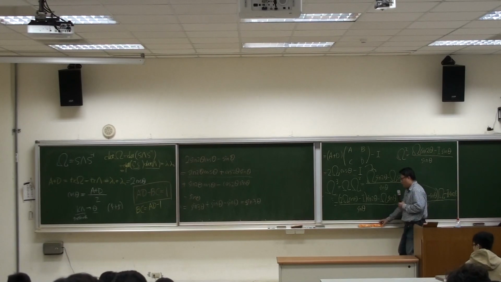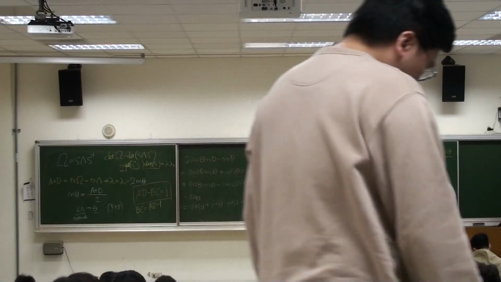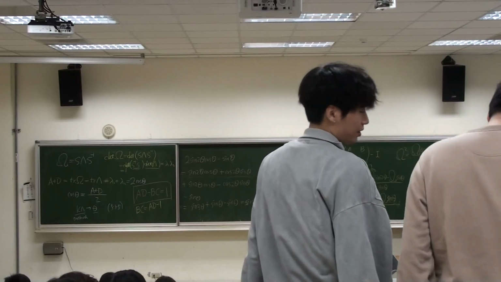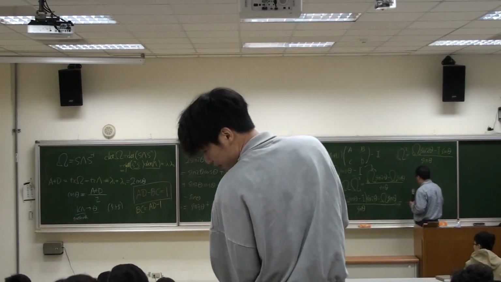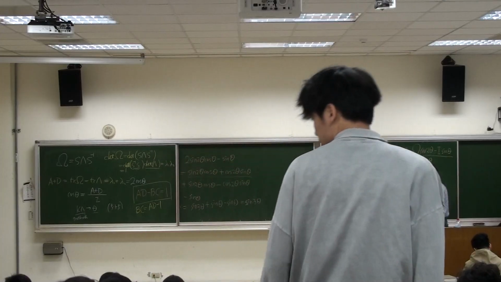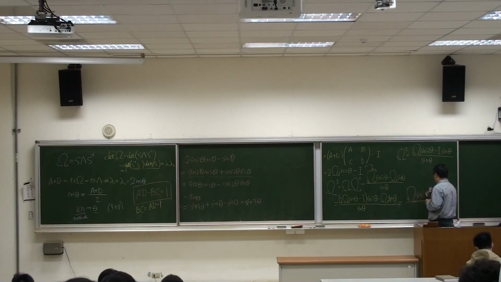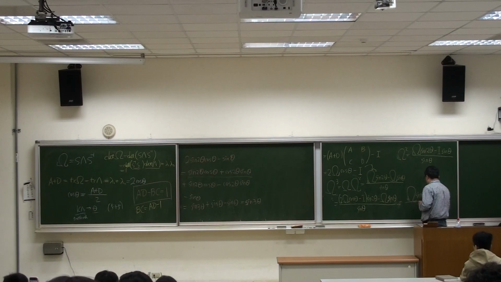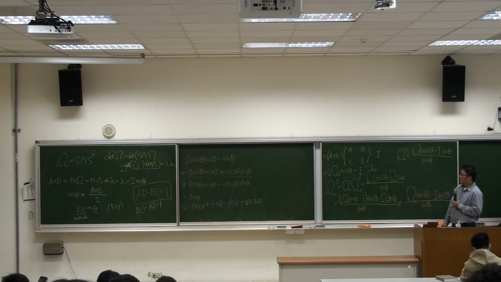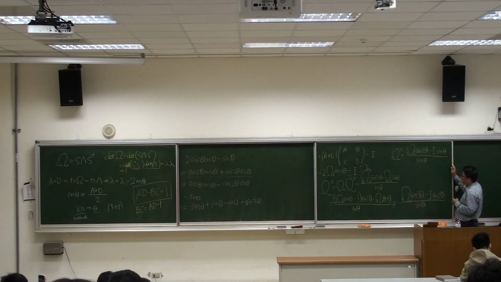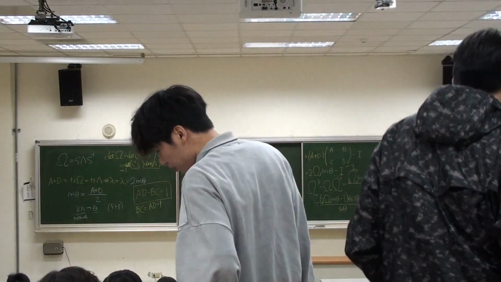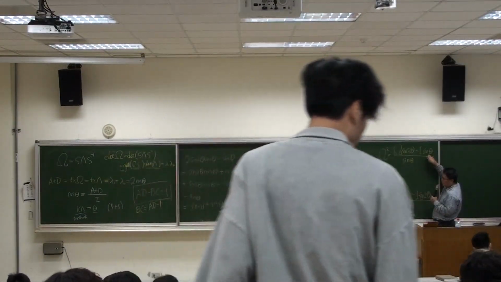So you see, for omega squared, you have omega sine 2 theta minus I sine theta in the denominator.